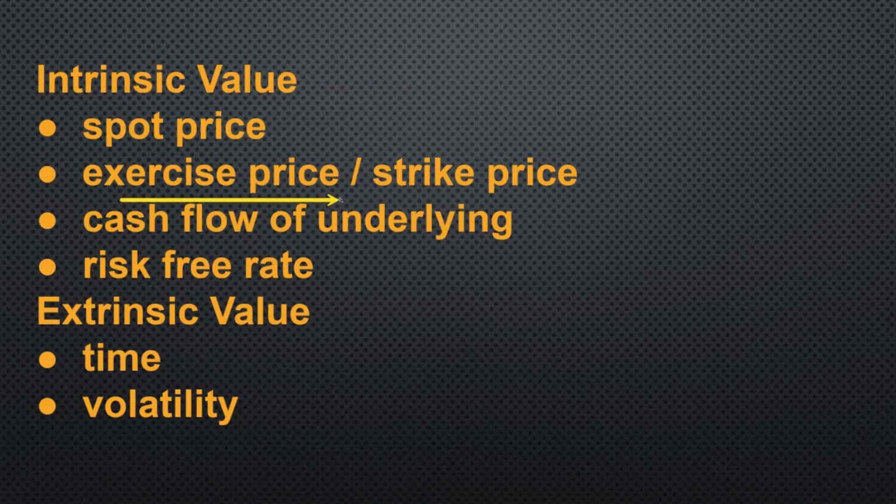Now, the exercise price and the strike price come into play when the option gets closer to expiration. So if SPY traded higher in the next 3 or 4 hours before expiration, say to 709 or 710, then a 706 call would have $3 or $4 of value in it, intrinsic value, because of when it's going to get exercised, which would be at the end of the day, and because of the strike that we hold.